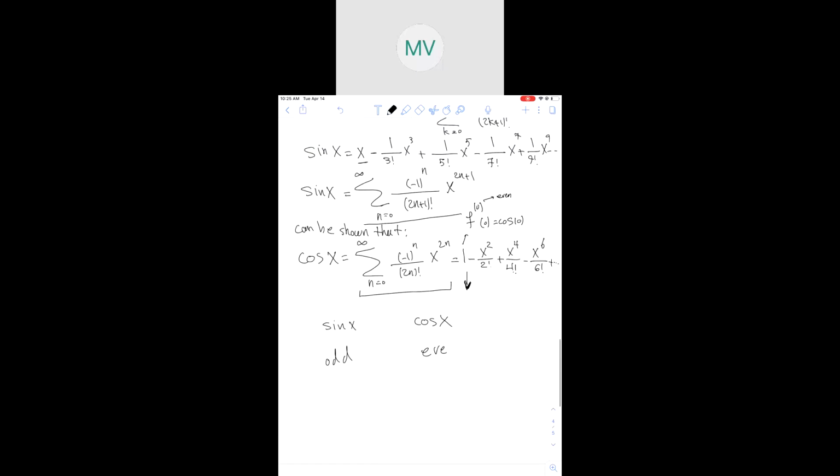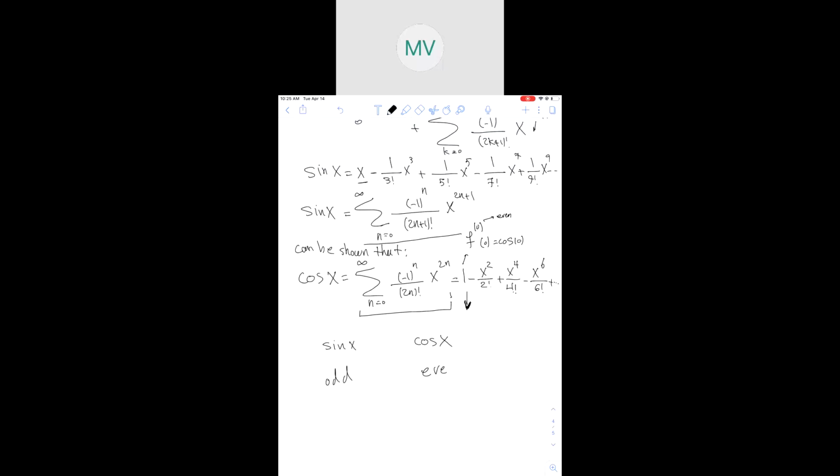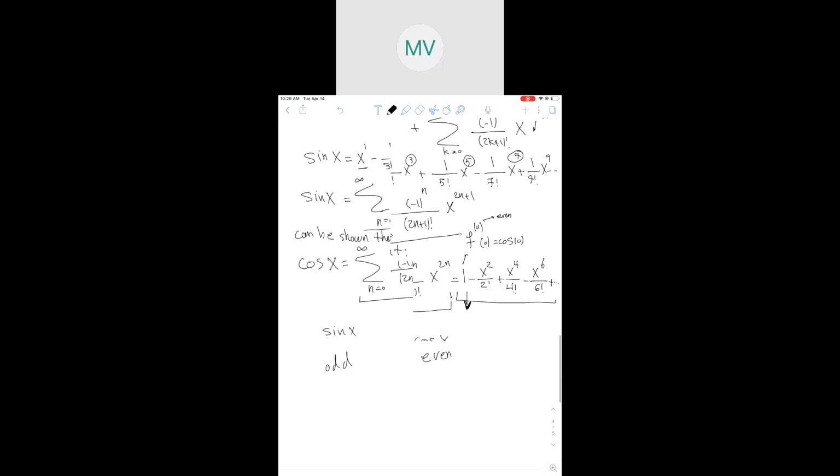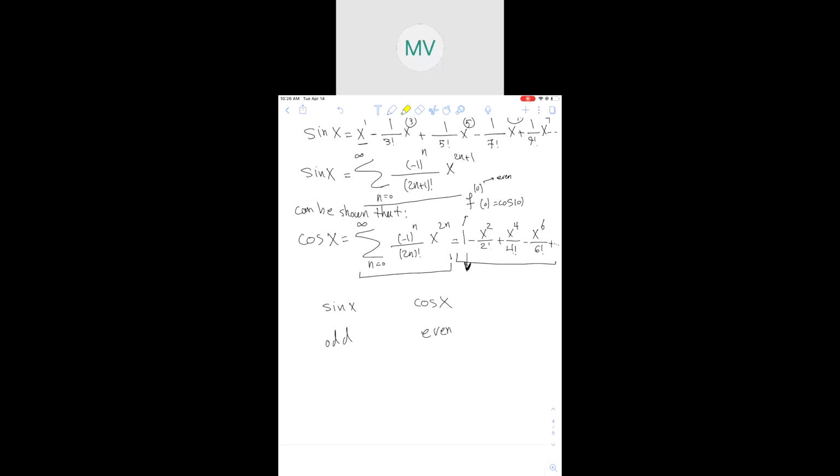In fact, you can see that in the form of the Maclaurin series. Cosine is even, and you can see the powers of all the x's are even. So if you change it to negative x, you get the same thing. Whereas the powers of terms in the Maclaurin series of sine are all odd, right? 1, 3, 5, 7, and so on. Okay.